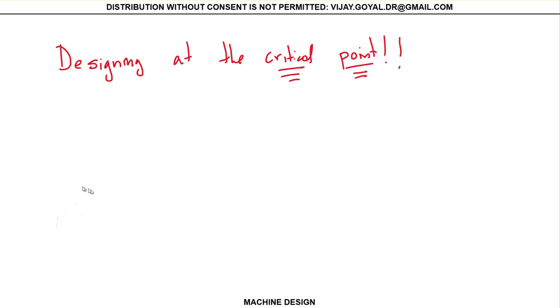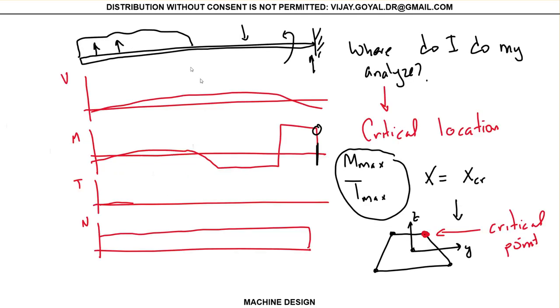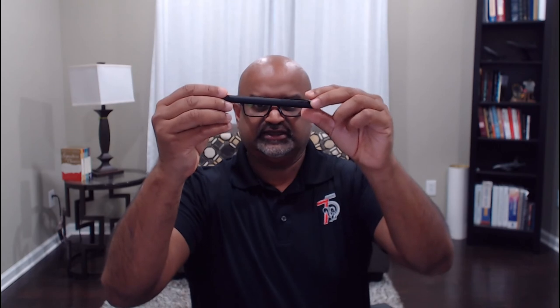As you saw here, in order to do this, the first thing I need to know is what my internal loads are, right? Because my internal loads will help me identify my critical location. A couple of questions that you should ask yourself now, as we come to the end of this introductory topic: when I'm designing something, let's suppose I am designing this pen, right?